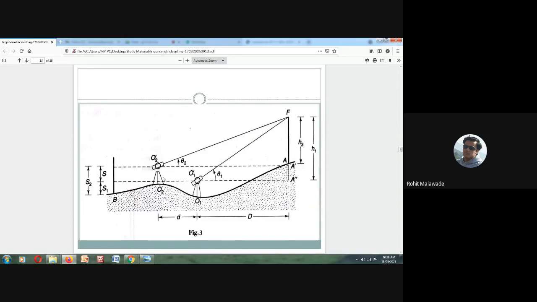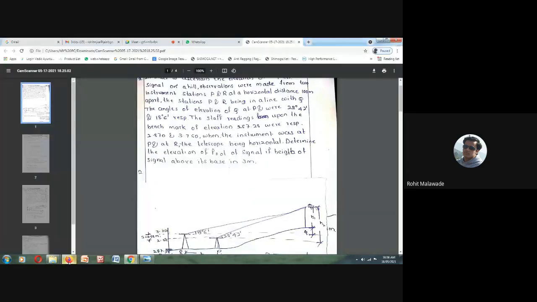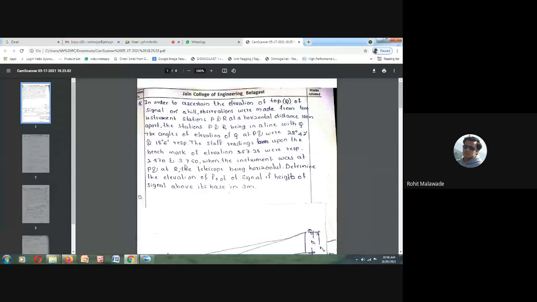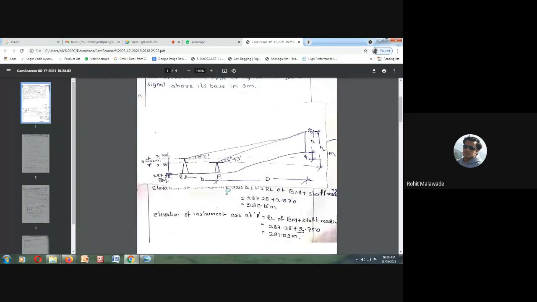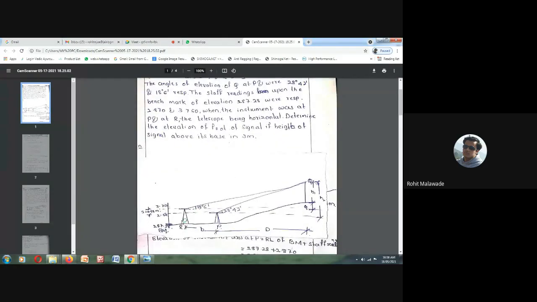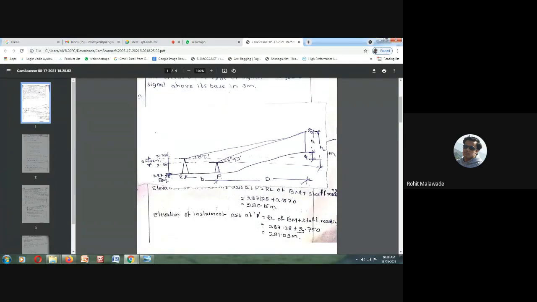Here you can see that O2 is at a higher level than O1. So this problem falls under category 2.